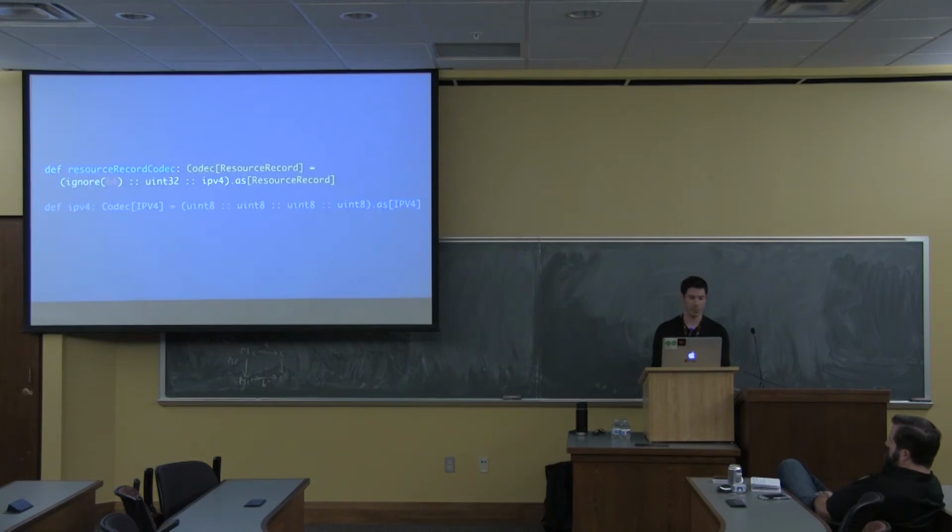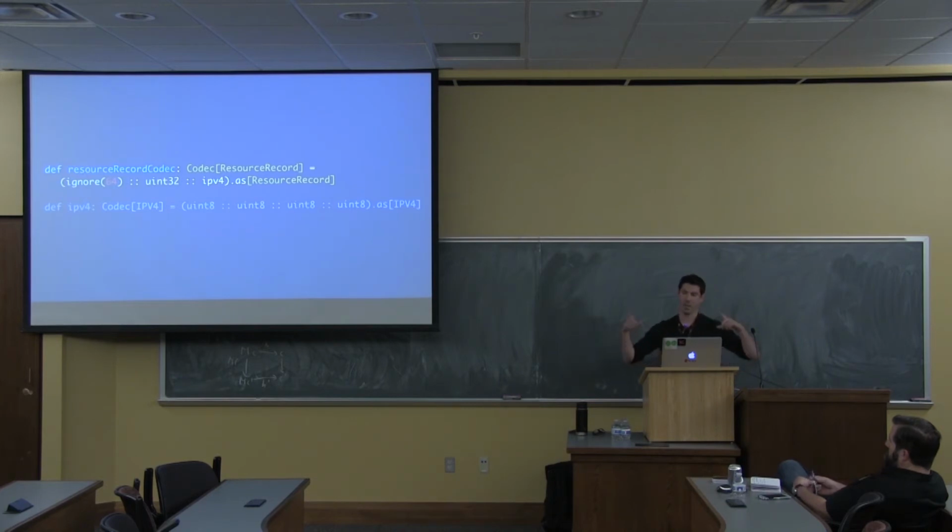Cool. All right, I'm not going to do all the codecs, especially because with some of them I'm just ignoring a lot of the flags because I don't care. I want an example to show I can send a DNS packet out and we can get one back. For an example resource record, I'm going to ignore 64 bits because that's useless stuff I'm not interested in. I have the TTL, and then I have IPv4.